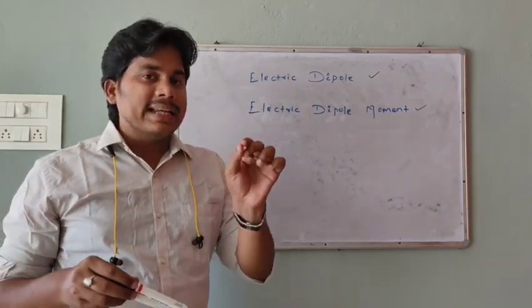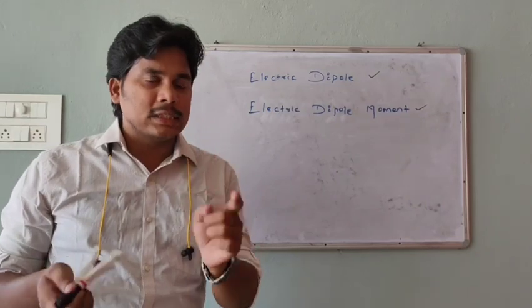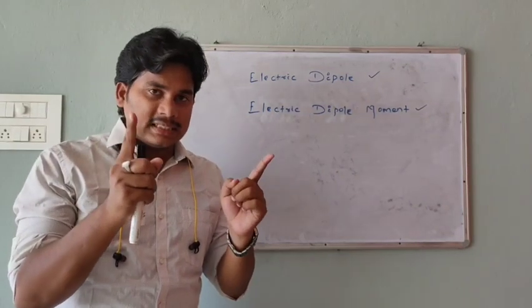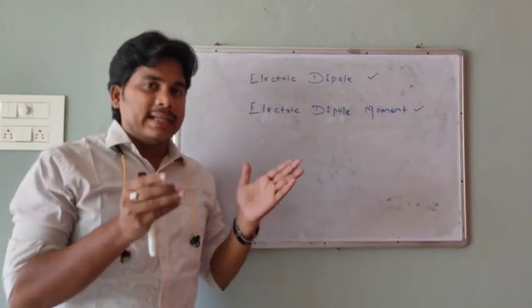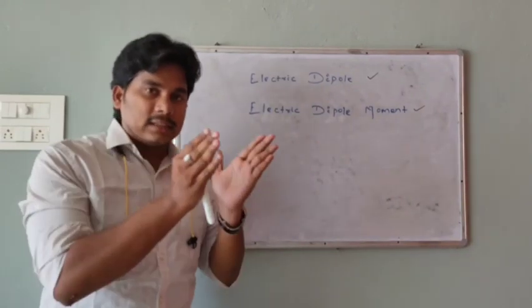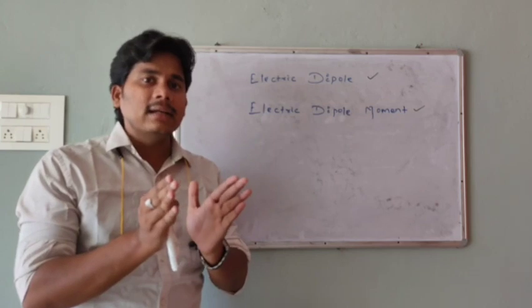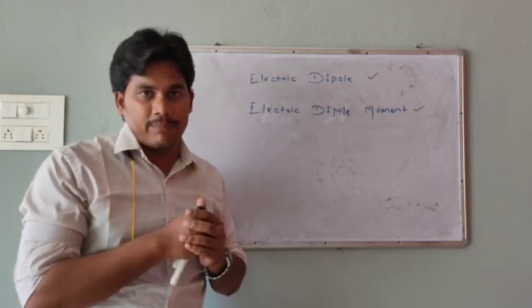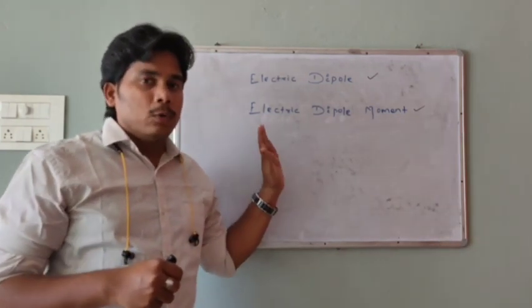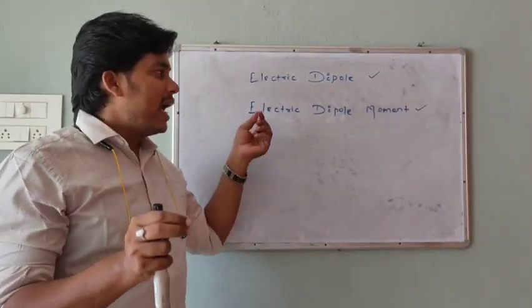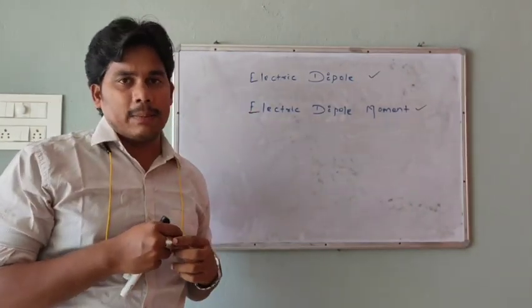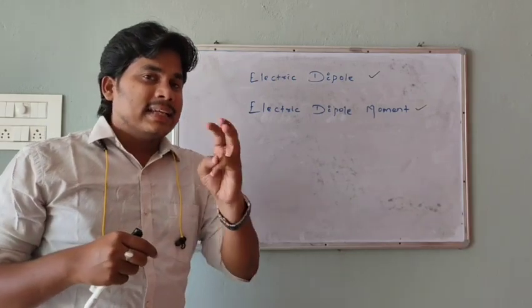Electric dipole mainly consists of two equal and opposite charges separated by a small distance. But the electric dipole moment is the product of either charge and the separation distance between them. Now we'll find the electric field intensity at a point in an electric dipole, and there are three concepts.